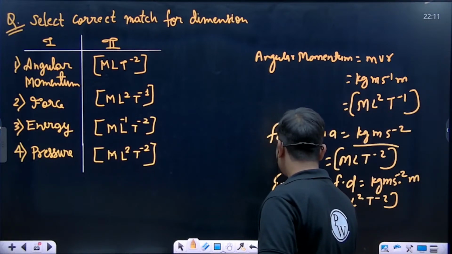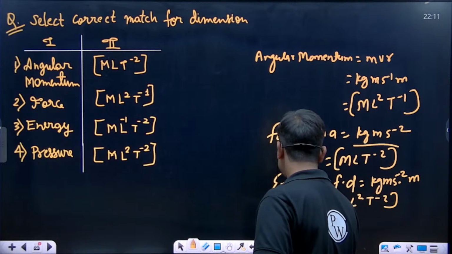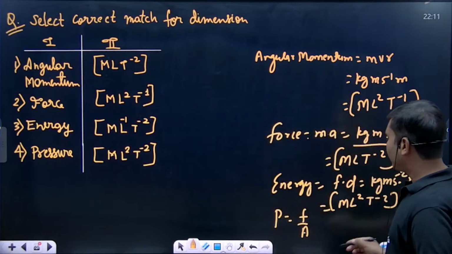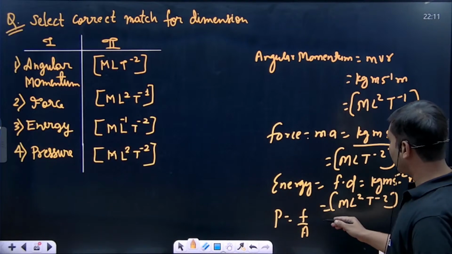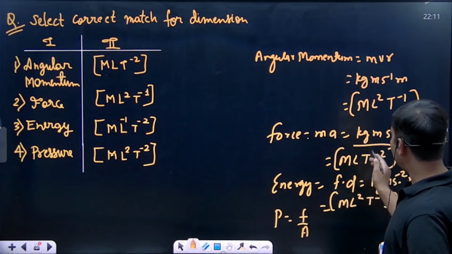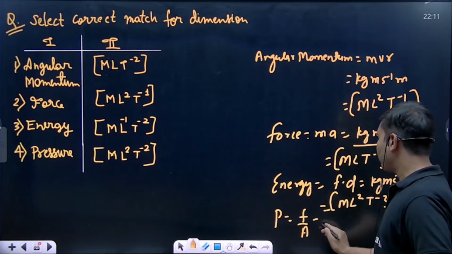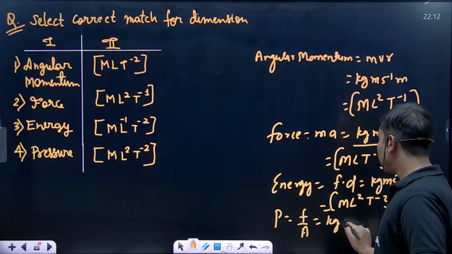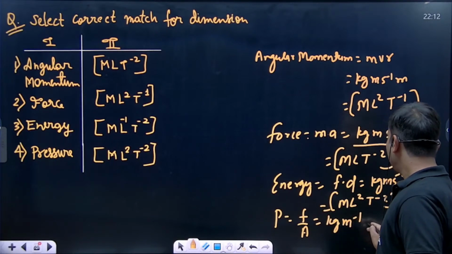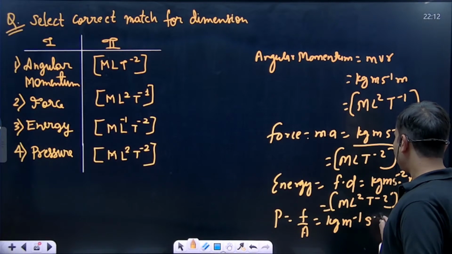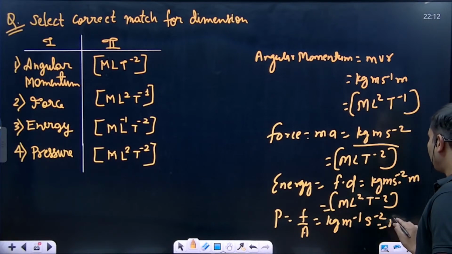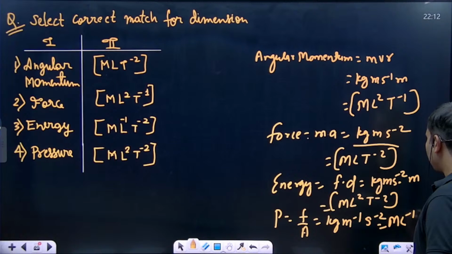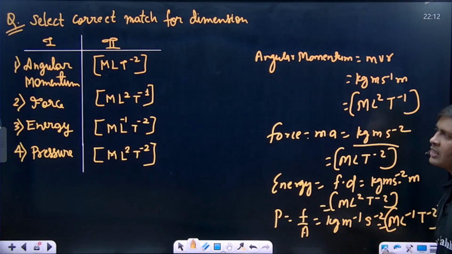Pressure is equal to force upon area. The unit for the force is kilogram meter s^-2, so pressure is kg m^-1 s^-2. So its dimension will be ML^-1 T^-2. So we have the dimensions of all these physical quantities.